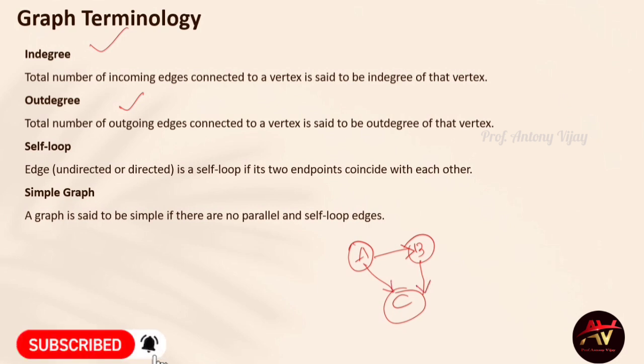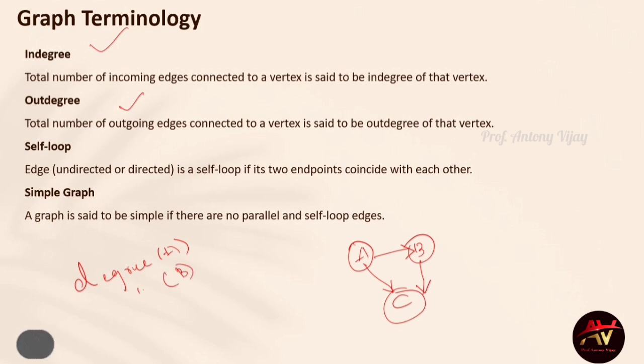The degree of A, degree of B and degree of C: the degree of A means how many edges are connected to the vertex A. There are two vertices connected with A, so the degree of A is 2.